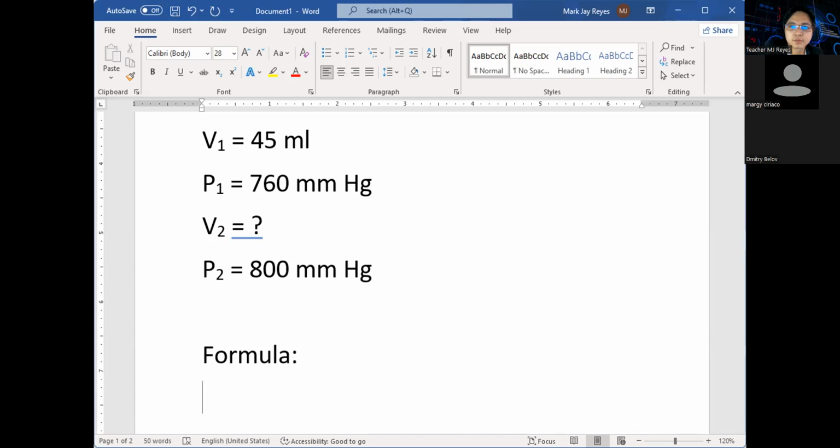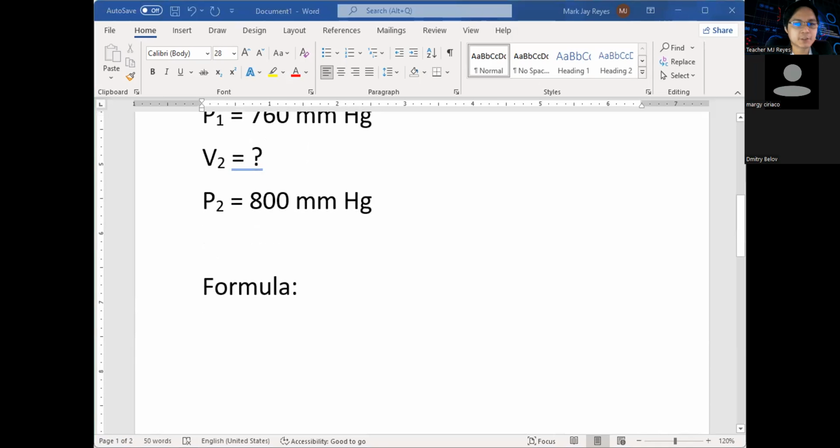Correct. Okay. P1 times V1. P1, pressure 1 times, okay. Correct, Dimitri? Simple formula. Pressure 1 times V1 or volume 1, and it is already given there, correct?